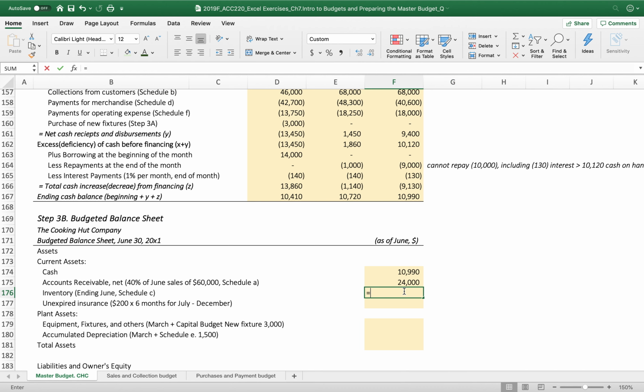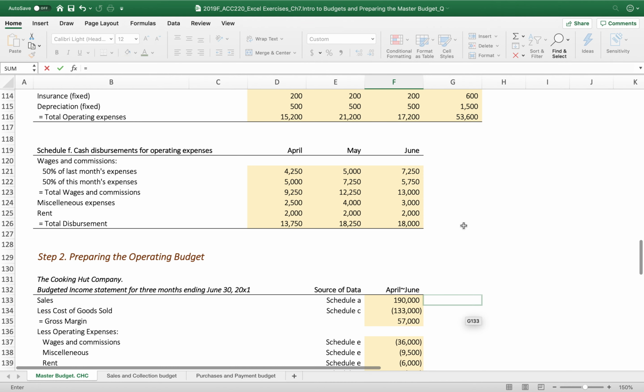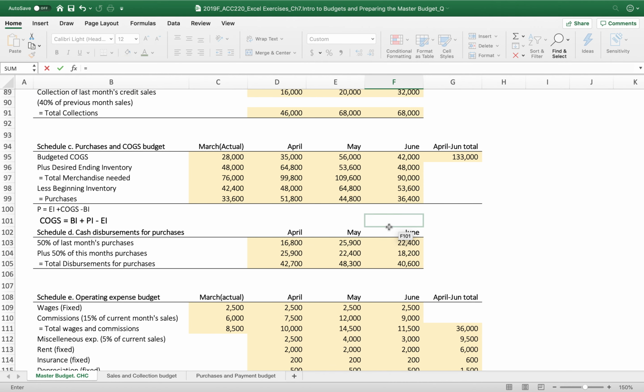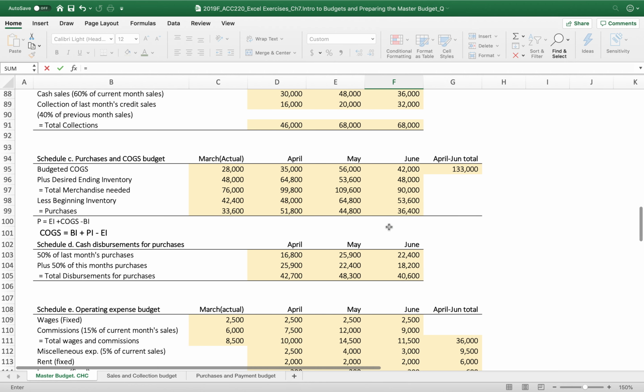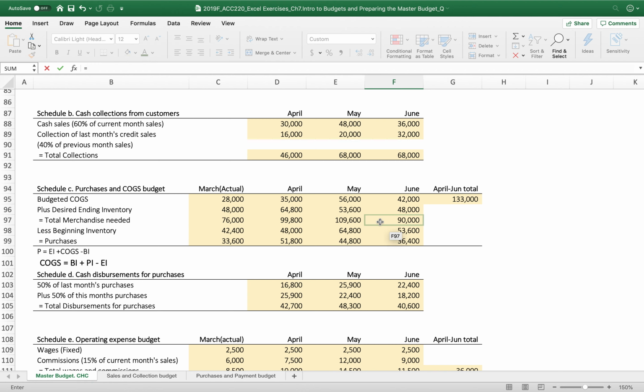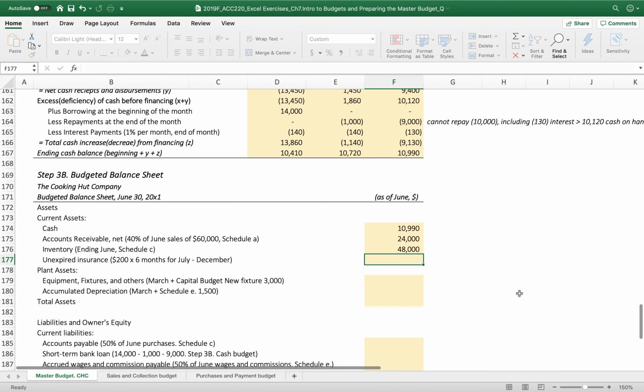And then what is the ending balance of inventory on the Schedule C? On the Schedule C, the ending balance, how much is it? Okay, 48,000, right? And then unexpired insurance, $200 for 6 months, right?